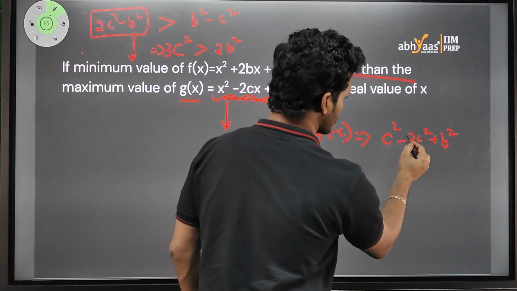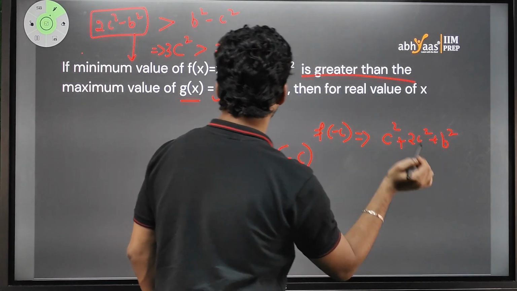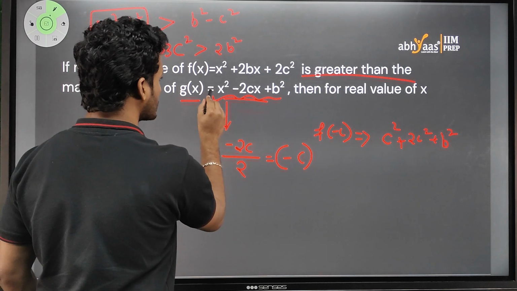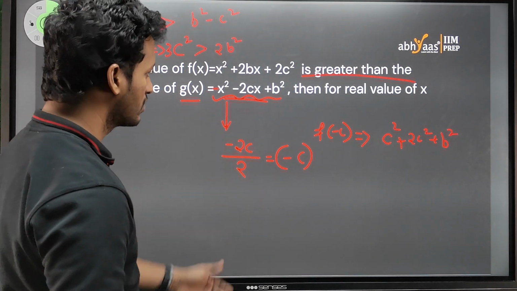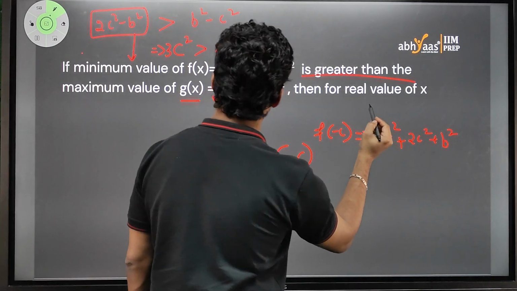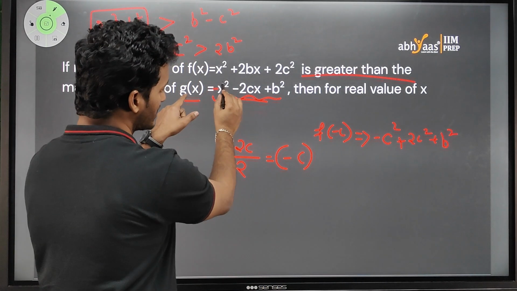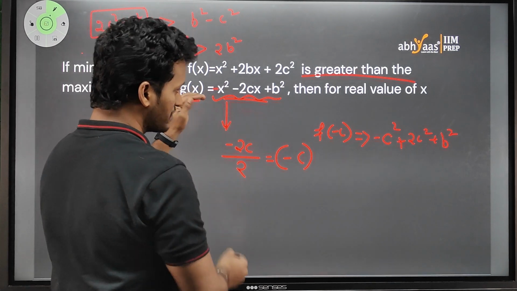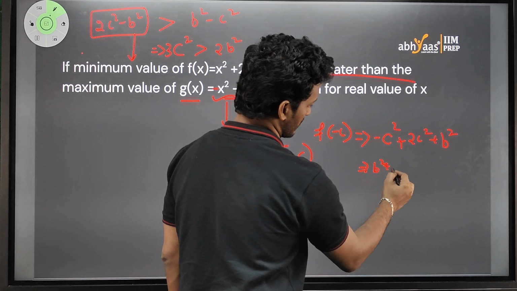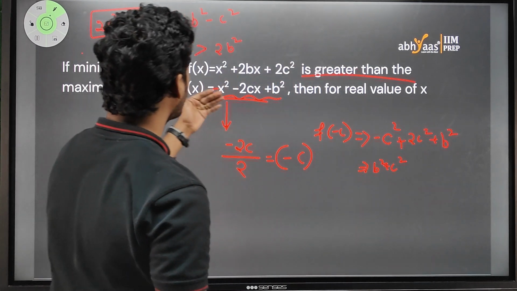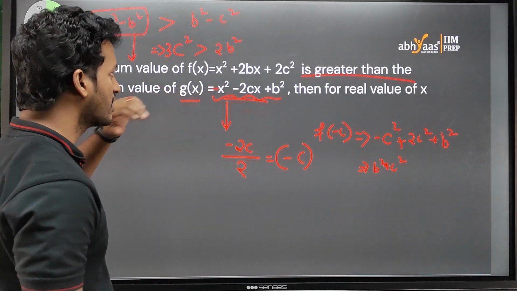It's minus c, so if I multiply minus c here, it will become 2c square. But the function has a minus coefficient, so it is downward opening. Then it will become minus c square, because even though it squares minus c, the minus coefficient is there itself. So it is b square plus c square. The whole value at this point is b square plus c square. That is the maximum value for this function.